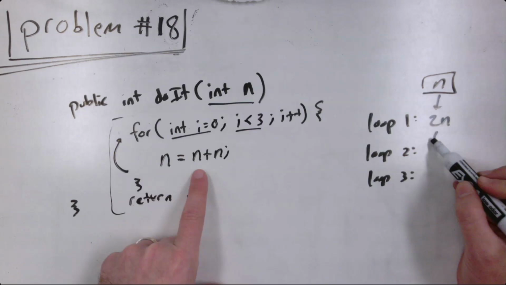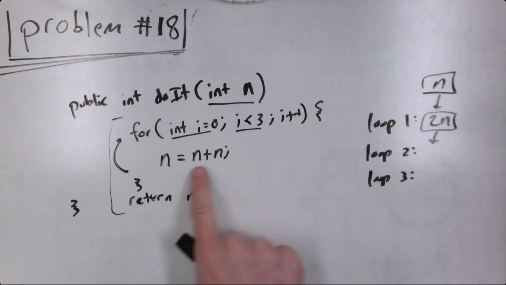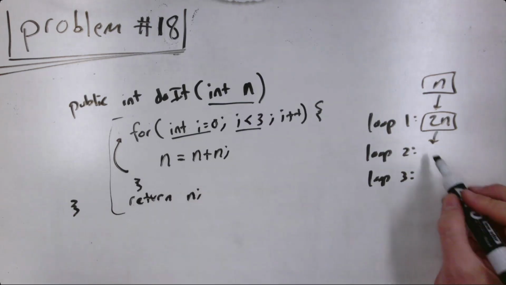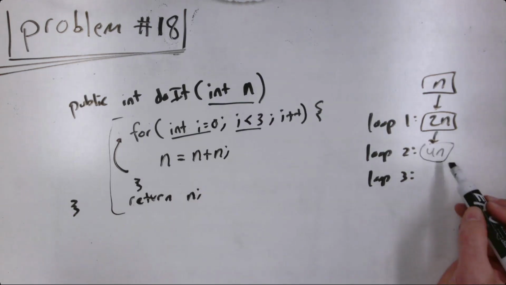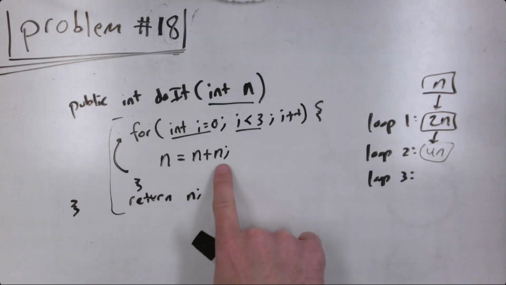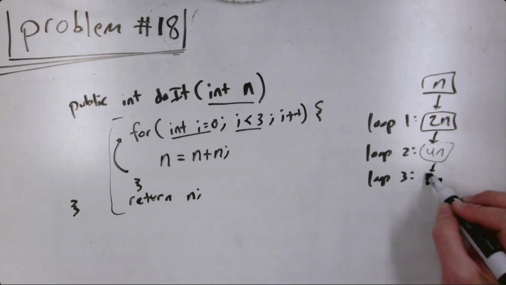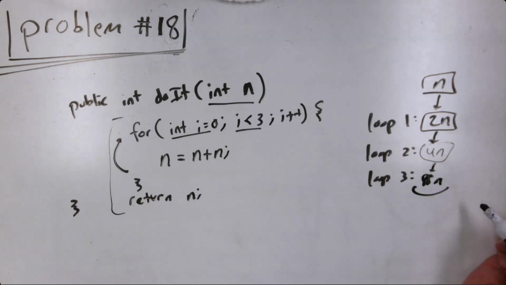In the next loop I'm taking 2n and I'm adding it to itself. So we have 2n plus another 2n becomes 4n. In the next loop, n has become 4n, so I'll have 4n plus 4n get saved, so that becomes 8n. And so then I return 8n in the end. So you could think about it in general that way as well.